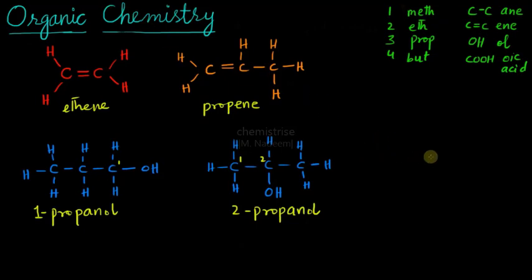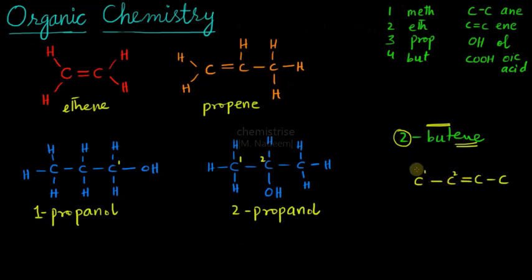Now let's move ahead. Let's say we have to draw the structure of 2-butene. But means there are four carbons, and ene means there's a double bond. And where is the double bond present? That is at position number 2. So let's draw this structure. We have four carbons, so first make four carbons like this. Carbon number 1 here, carbon number 2 here, and you make the double bond over here.